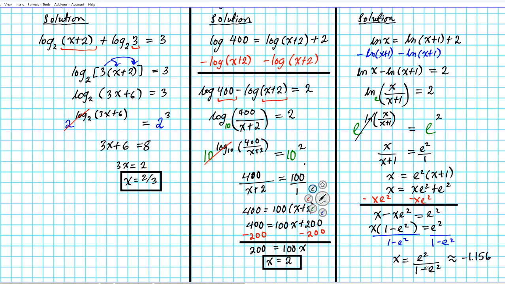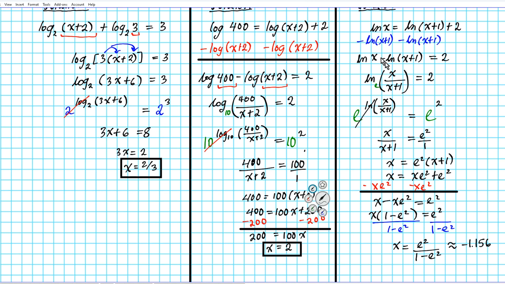So now you notice that this answer is a negative number. When we plug it into both logarithmic arguments, we must have a positive input value, or else there's no solution. So when we plug in negative 1.156 into the first logarithmic term, it is going to be negative. So that's a no-no. The arguments for log functions must be greater than 0.